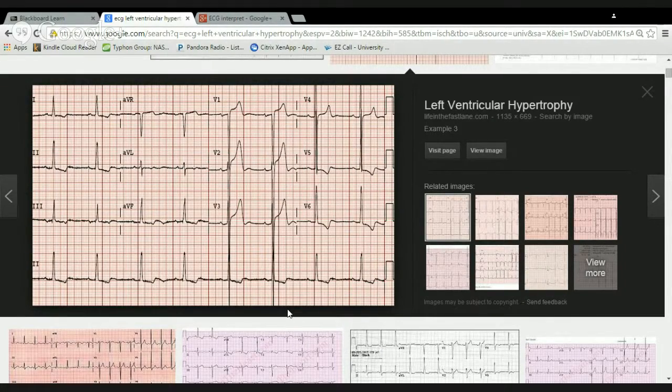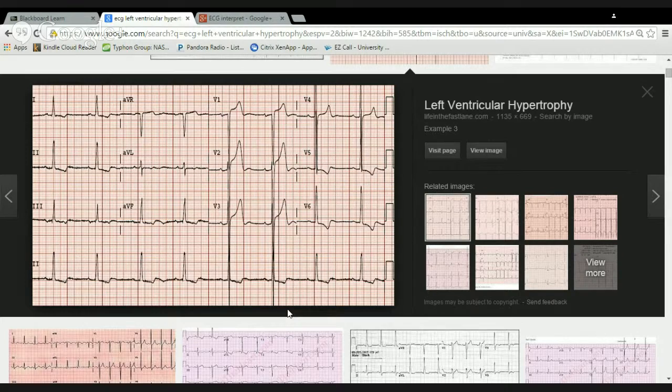This tells me that in these leads there's possible ischemia, lead 1 being a more lateral ischemia and leads 2 and 3 being more inferior. This is the circumflex and RCA that may be affected.